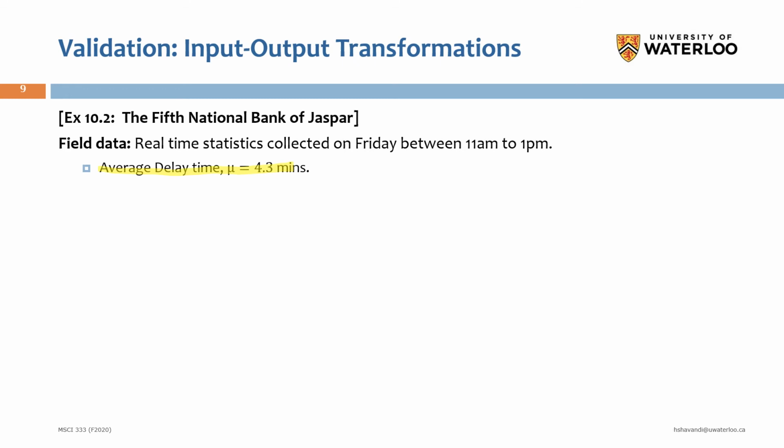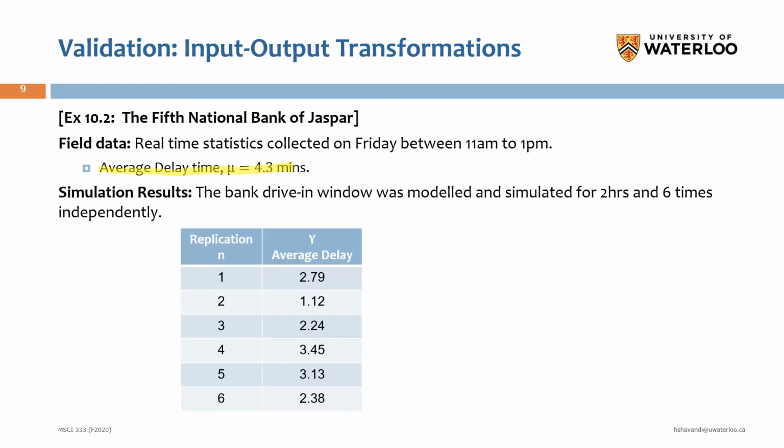Okay, so that's the response that we have in the real system. Okay, so now assume that we have a simulation model for this system, and we have run this simulation model for 6 replications. Okay, and we do have the average delay obtained by the simulation model for 6 replications.